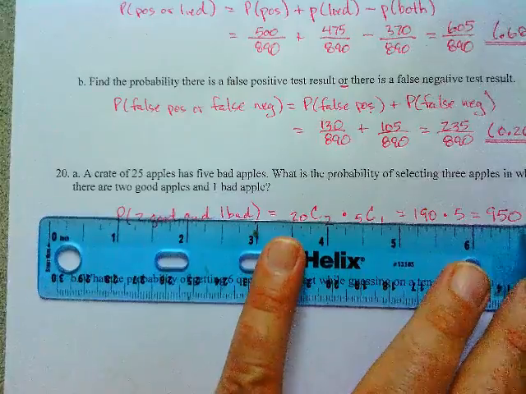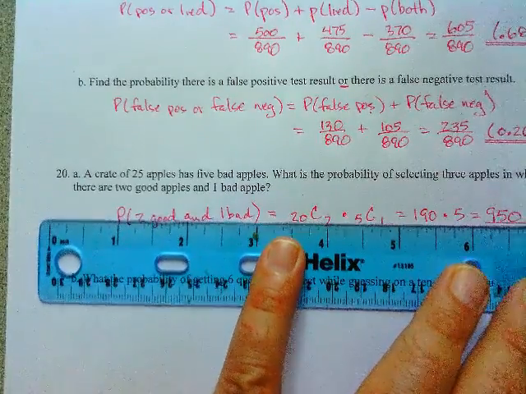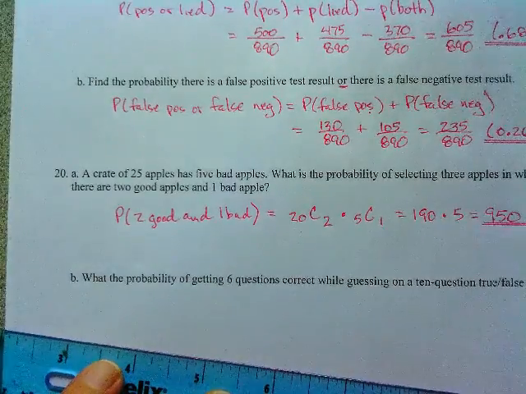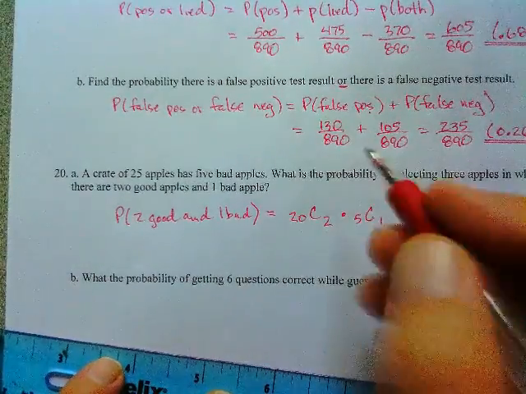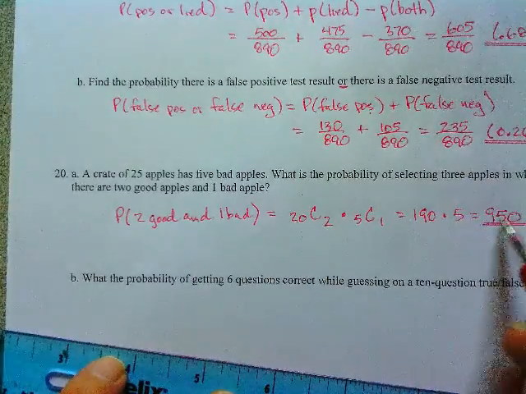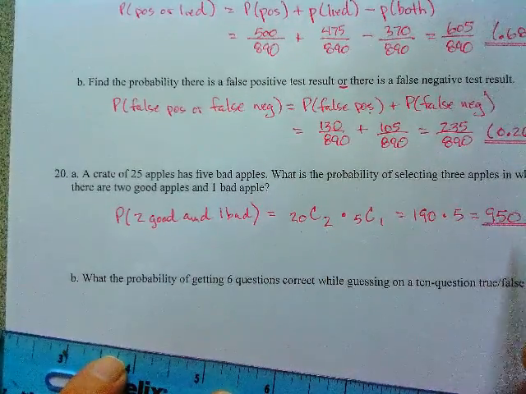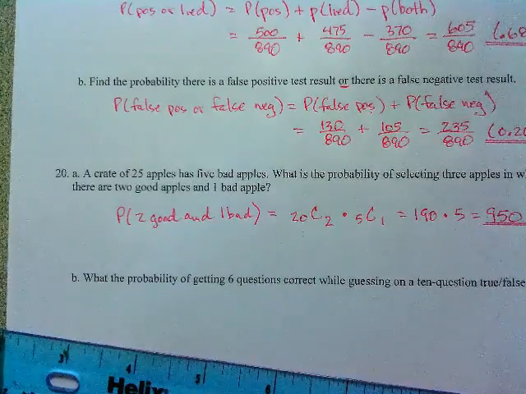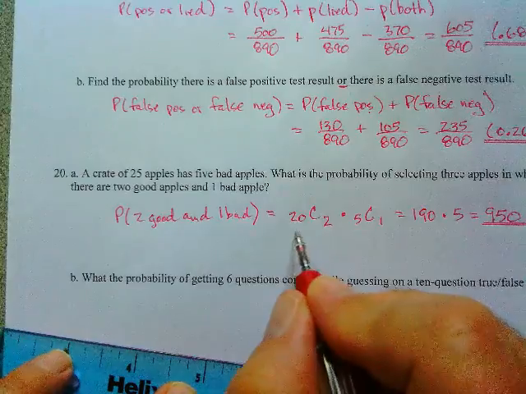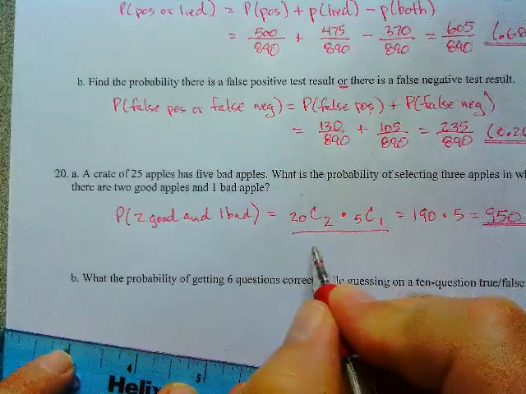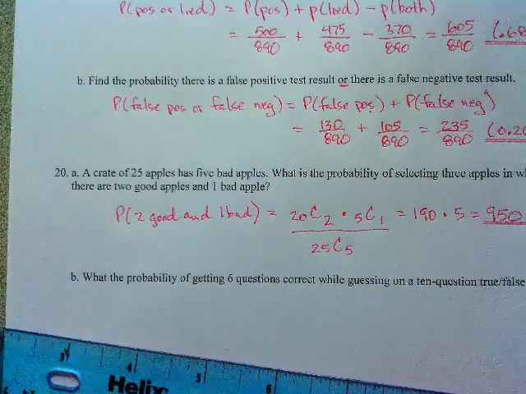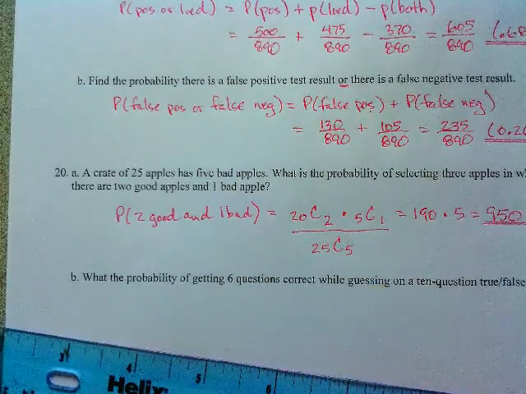And really, I'm not really doing a probability there. A little bit of a typo, it's probably on the test too, but this is all I wanted you to do. Really, if I'm doing probability, then note this is bigger than 1. It should be 950 divided by the total possibilities, which would have been I needed to take this and then go 25C5, because that's the total number of ways that I can pick 5 of them.